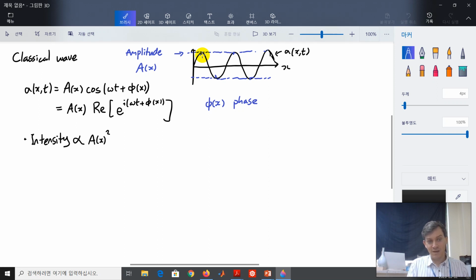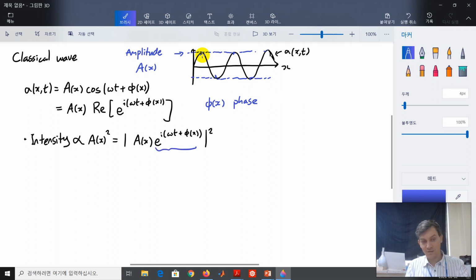This therefore is the absolute value of the function a(x,t), or rather the absolute value of a(x) times e to the i(omega t plus phi(x)), squared, simply because this thing here has absolute value, modulus, 1. So it doesn't change anything.